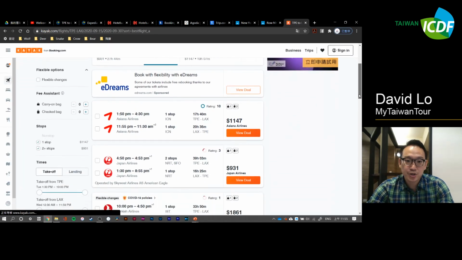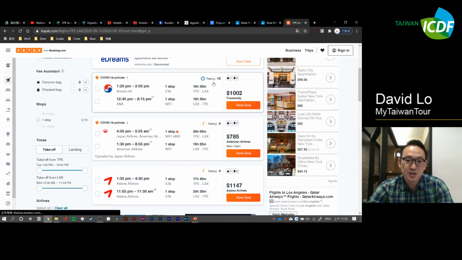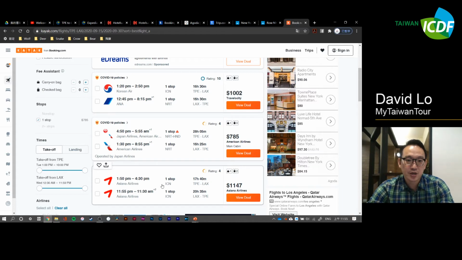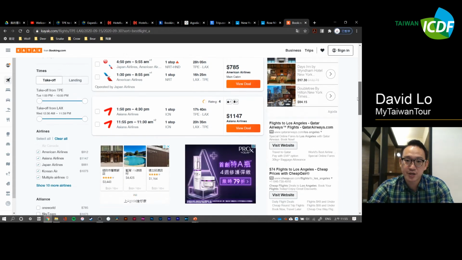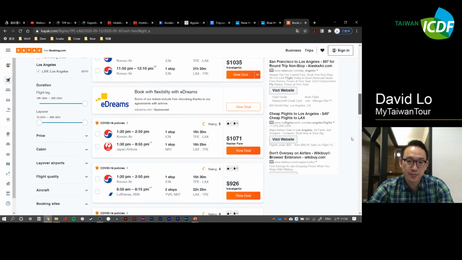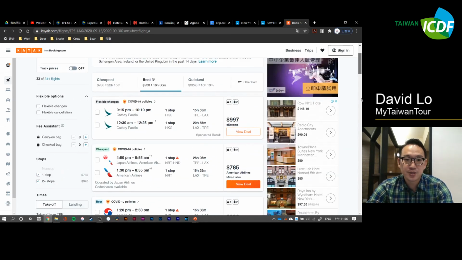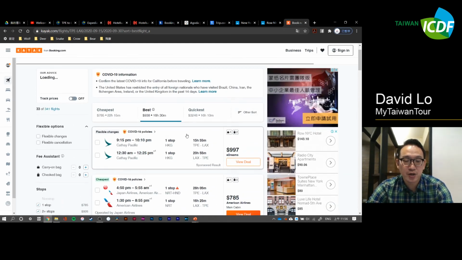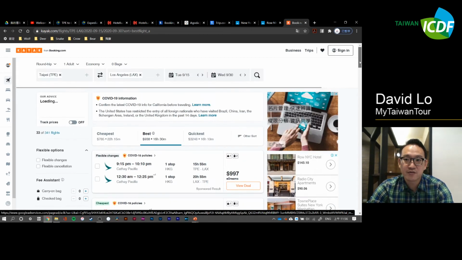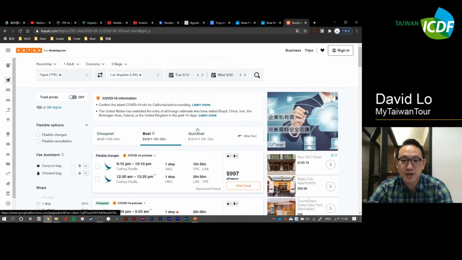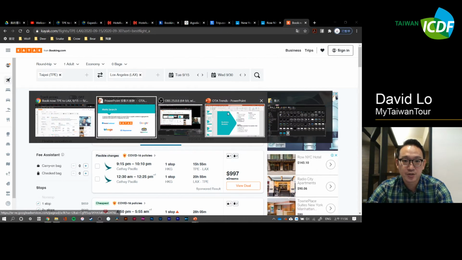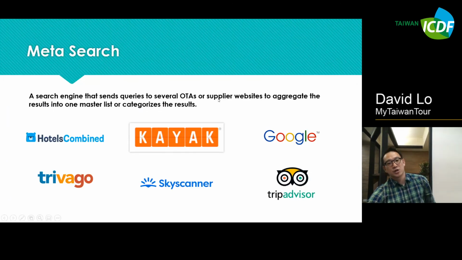And it also generates all the flight prices and times together from all the other airline companies or OTAs. Then you can book through them. So this is also a meta search that you can use to find the flights or the hotels or itineraries or packages you want through them. So we call it meta search.